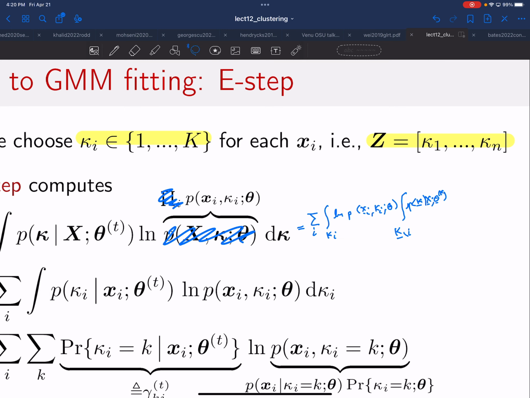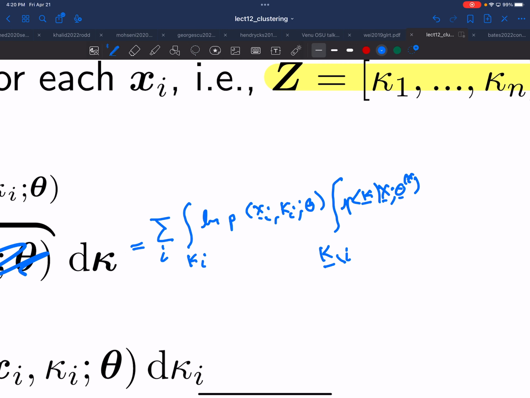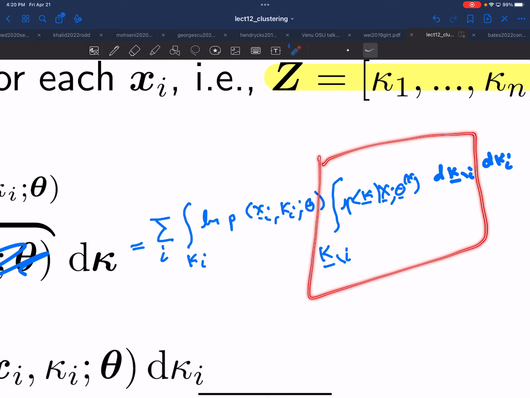Okay, so over here I'll just write d kappa not equal to I, d kappa I. So what we've done is we're now treating the kappa I a little differently than we're treating all the other kappas that are not I. Do you see how this is going to help us? What do we get when we do this?